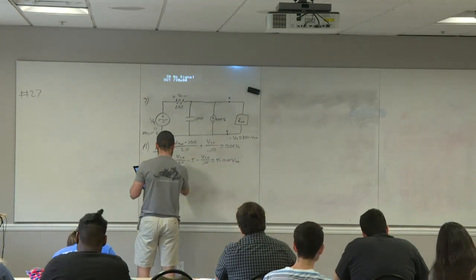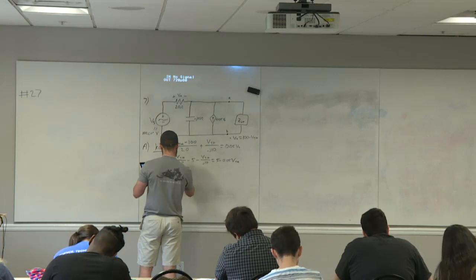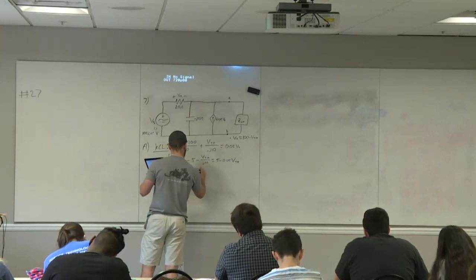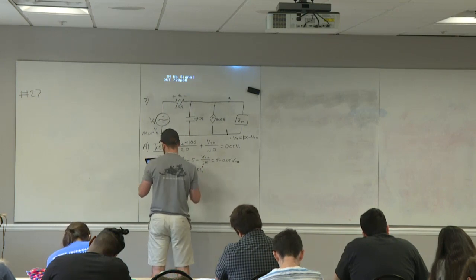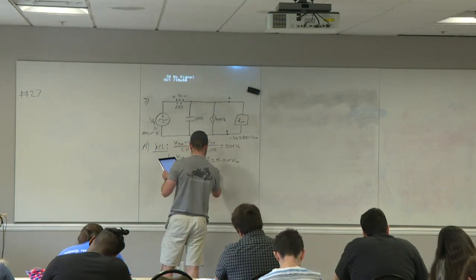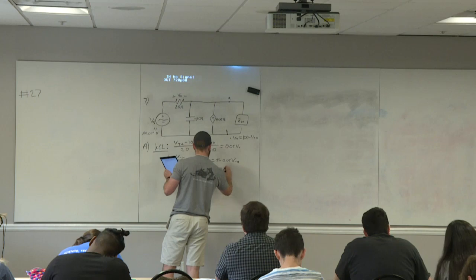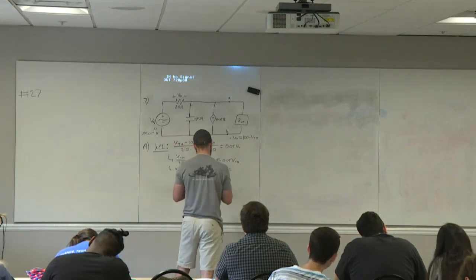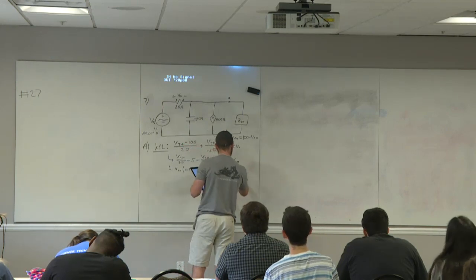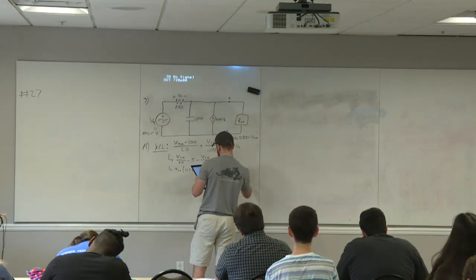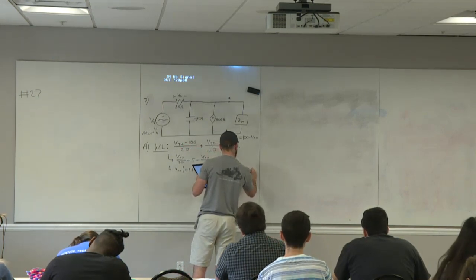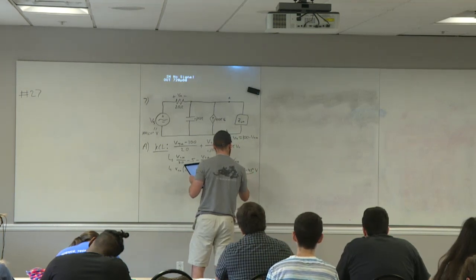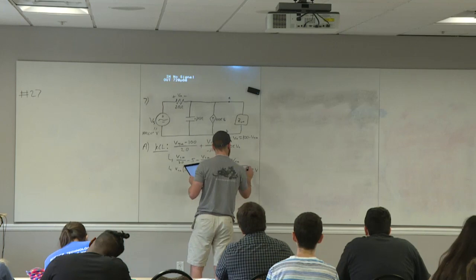Simplify that one more time: VTH times 0.1 plus J0.1 is equal to 10. So then our answer is VTH equals 70.71 angle negative 45 degrees, and that's volts. We'll need this for later, so I'm just going to circle it.